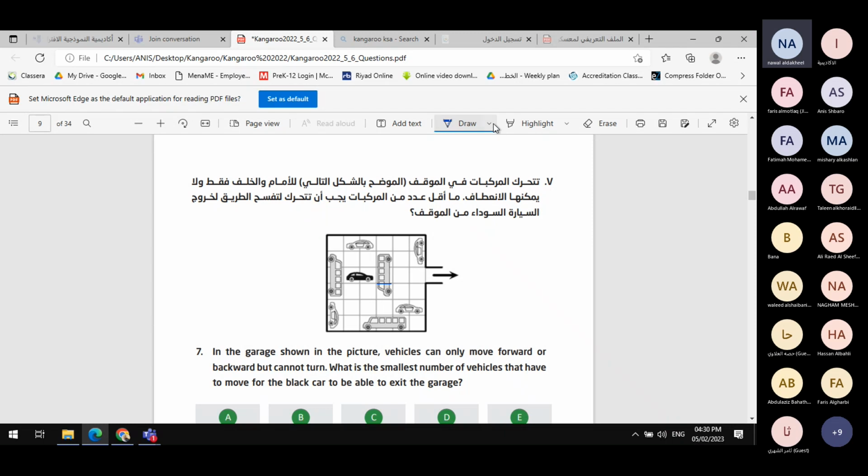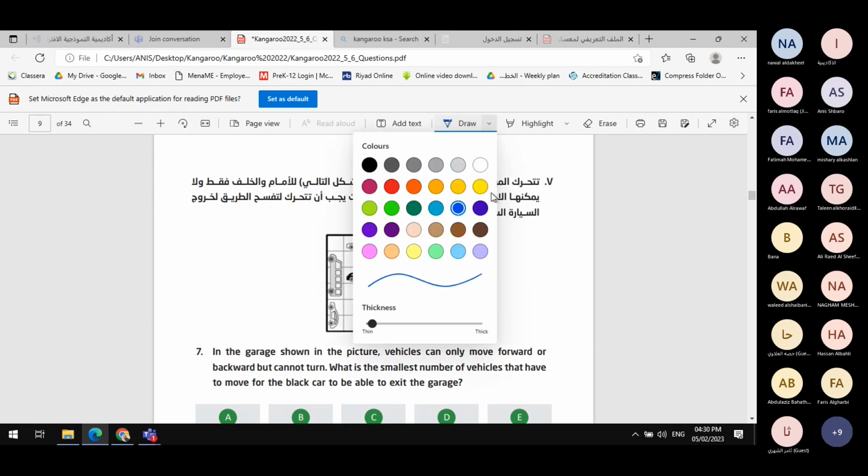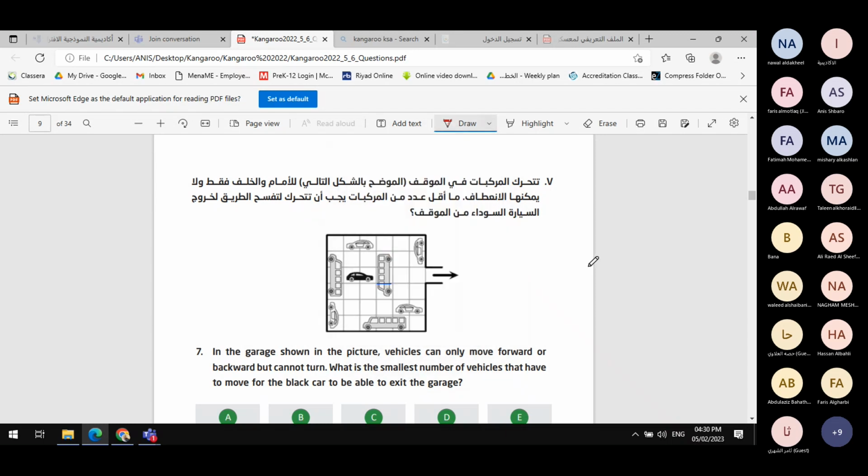Okay, the first one, the bus facing the car, goes up 1 unit. But we said that if it went up, it will stay blocking the car. So that's why it's not our choice.